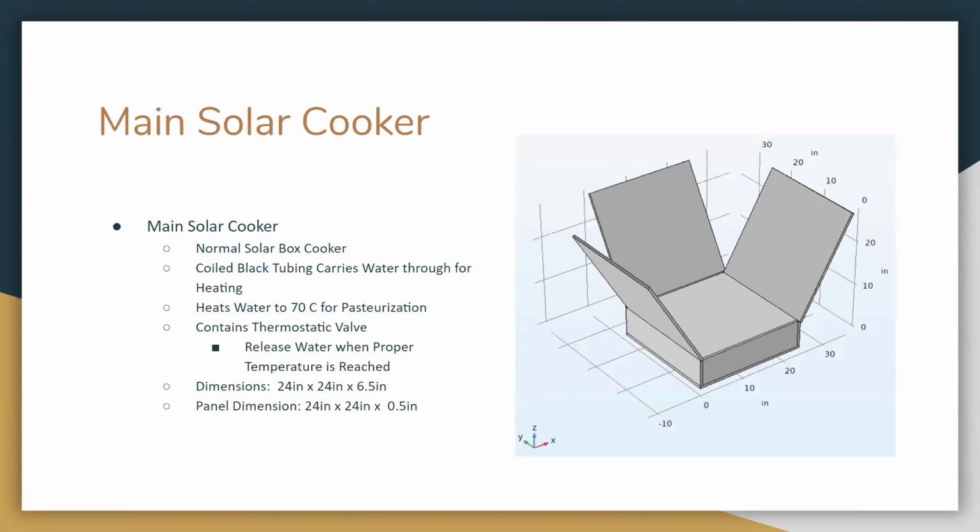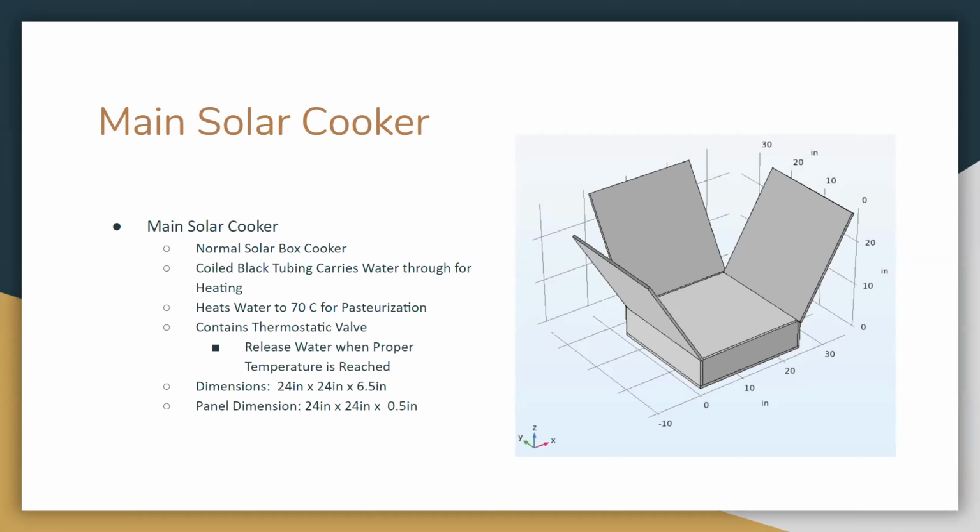For the main solar cooker, the main solar cooker here is a normal solar box cooker with coiled black tubing that carries water through for the heating.